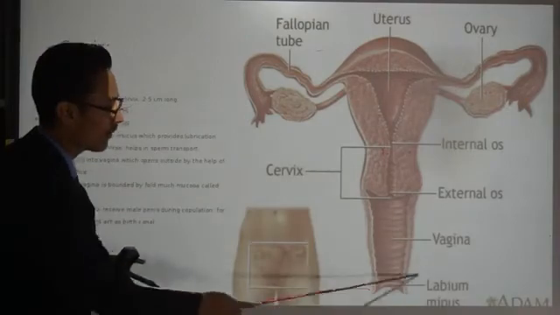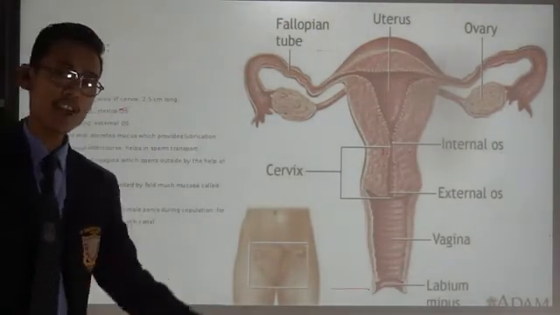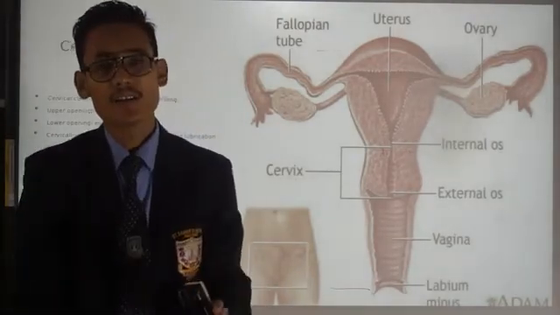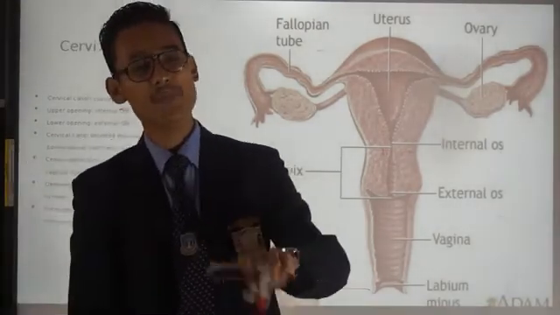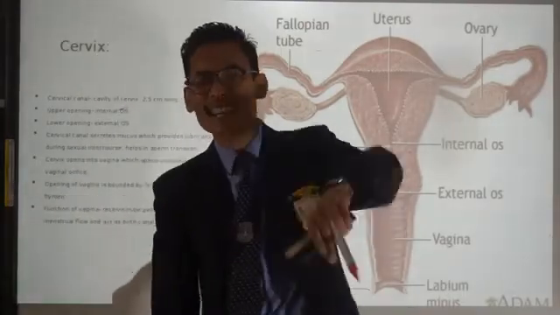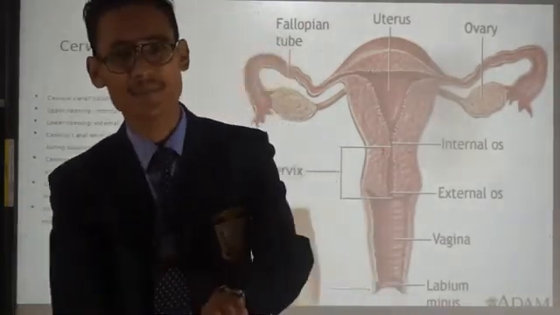So at the opening of the vagina, we find the vaginal orifice, which is bounded by a fold of mucus called the hymen. It is said that the persistence of the hymen is an indicator of virginity.